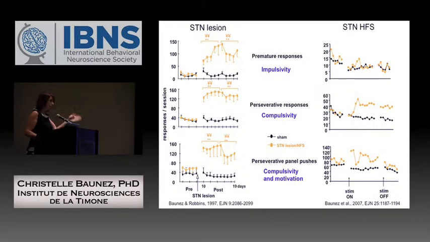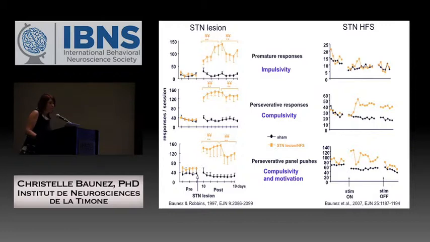And once they start poking in a hole, they keep poking in different holes. So that's why we have this huge level of perseverative responses as well. And once they shift from the holes, they go to the magazine, hoping they get a pellet, and they keep poking, checking if they earn something. So you see that they are highly compulsive, impulsive after STN lesions.